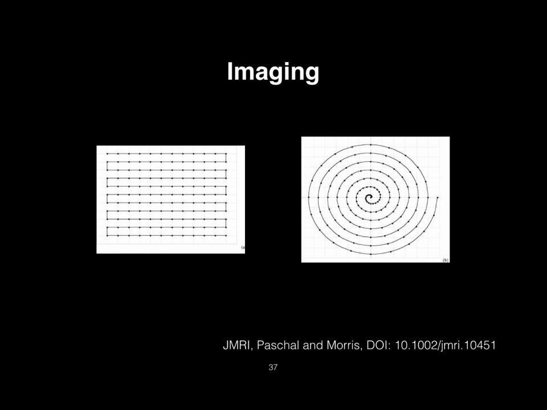Whereas spiral scans tend to be more uniformly blurred. Spiral, although it has gotten better, was traditionally more sensitive to image artifacts from off-resonance effects. So it really does depend on the experiments and how well you can control for the weaknesses of each of the sequences.